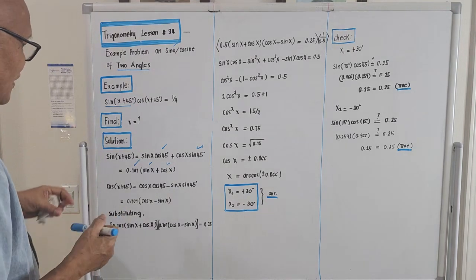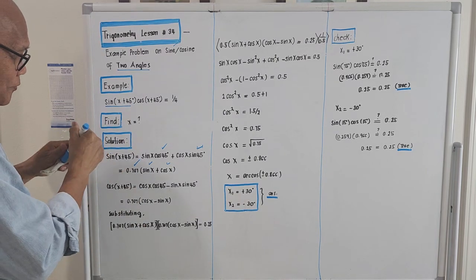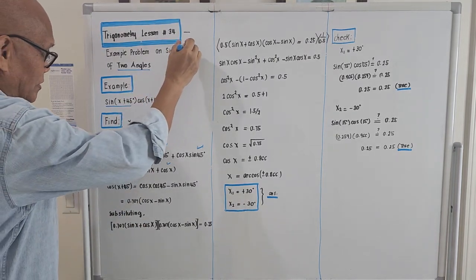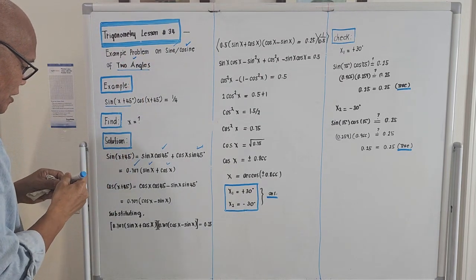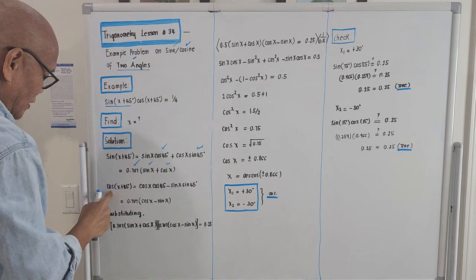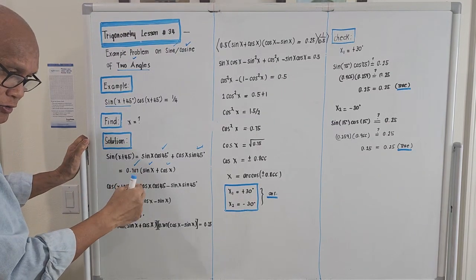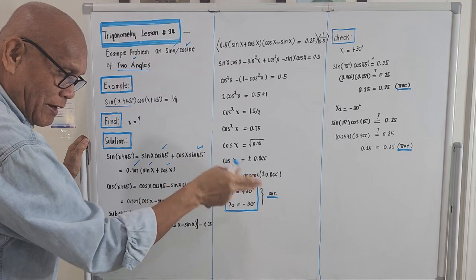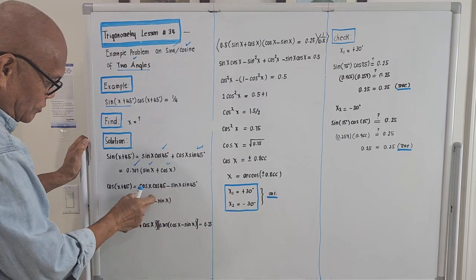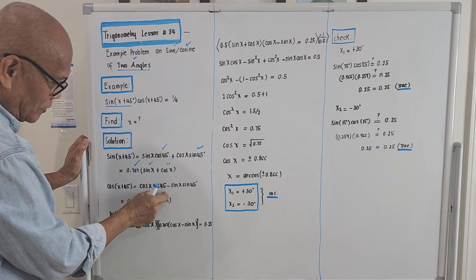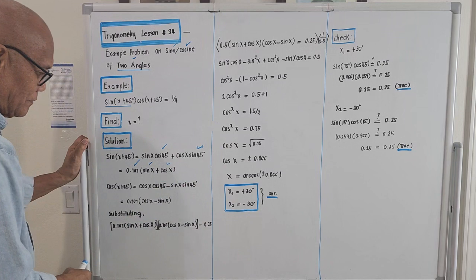Now let's try to expand the cosine of x plus 45 degrees. This now falls under the cosine of two angles. That is the cosine of the quantity x plus 45, two angles, right? It should be cosine, cosine, sine, sine. If this is plus, this should be minus. So cosine of x cosine of 45, minus sine of x sine of 45.